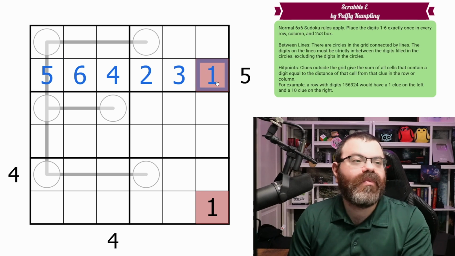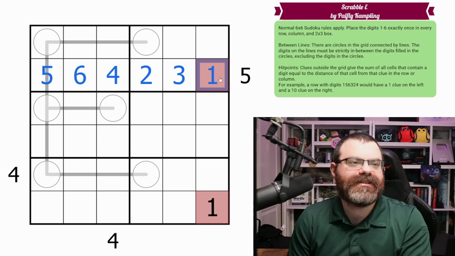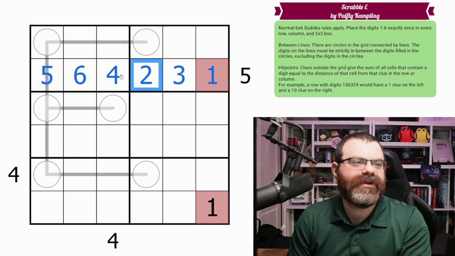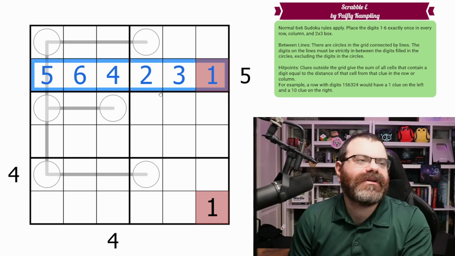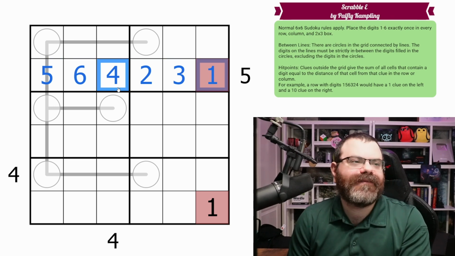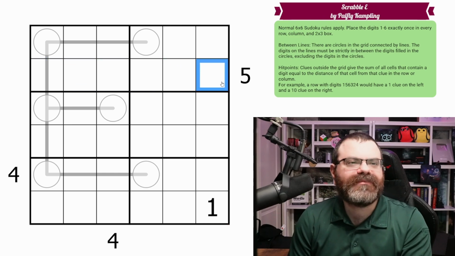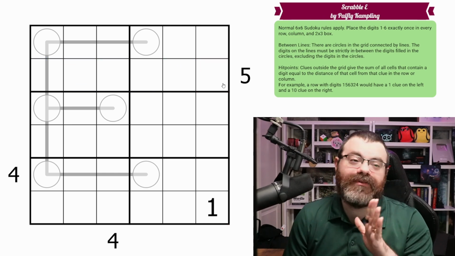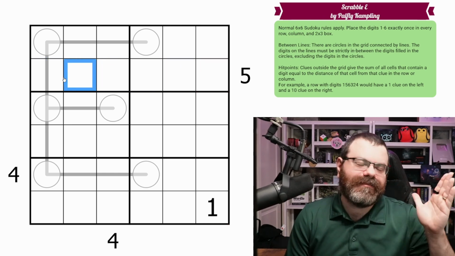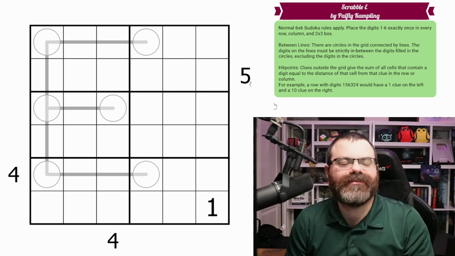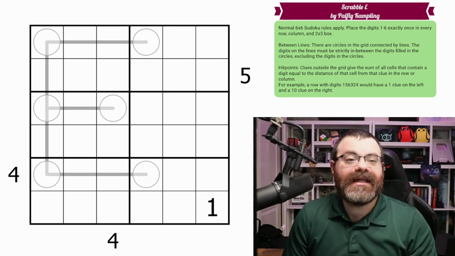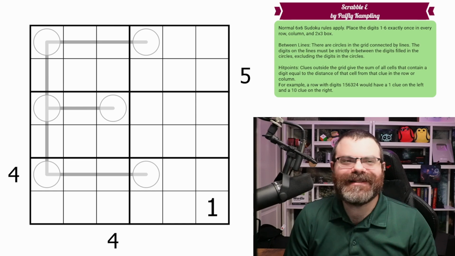So if you look, the 1 is the same as its distance from the 5, and the 4 is the same. So if we count 1, 2, 3, 4, 5, 6, that would add to 5, and that would match our clue. All right, so hopefully that's clear. Just count from the clue and see which digits match, and that sum is the clue. All right, and that's it. Those are the rules. Oh, I'm glad that's it.